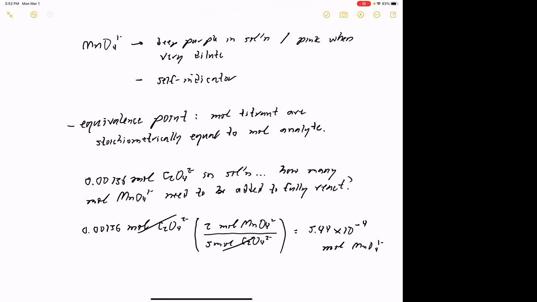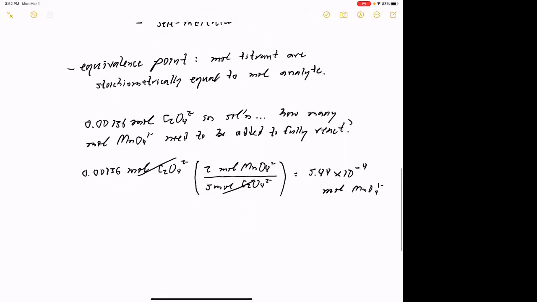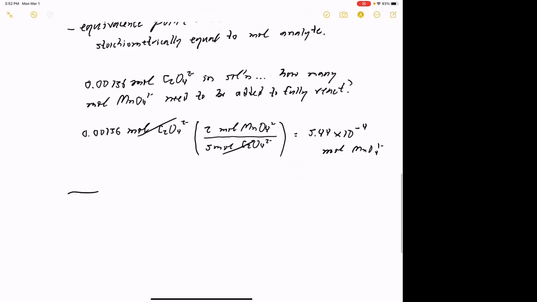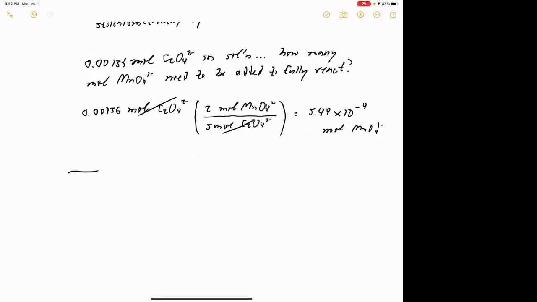All right, good enough. So let's talk a little bit about some practical considerations here. These are things that, if we're setting up the experiment, we have to think about. All right.